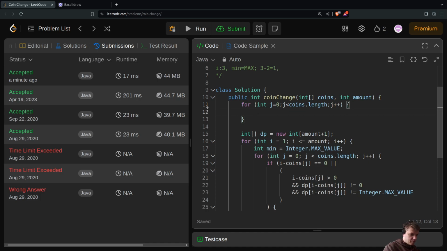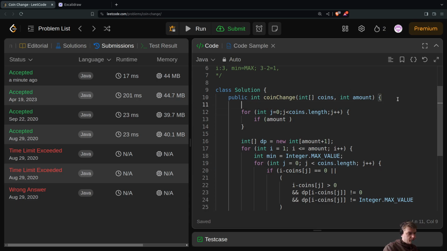And then if the amount, boolean all multiply equals false, at least one multiply equals false.